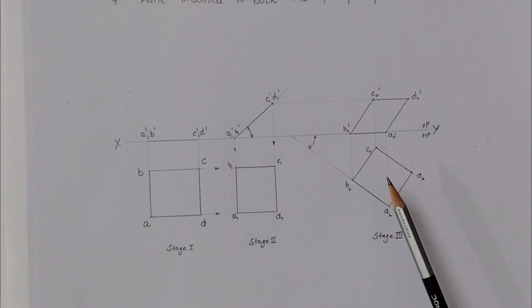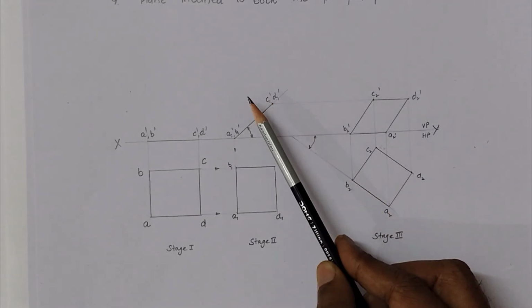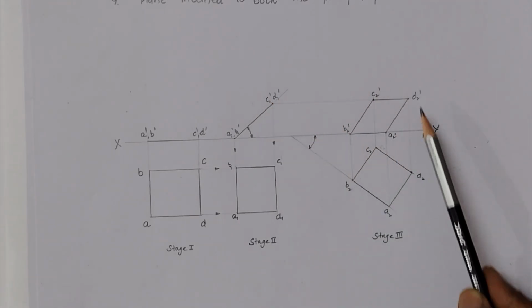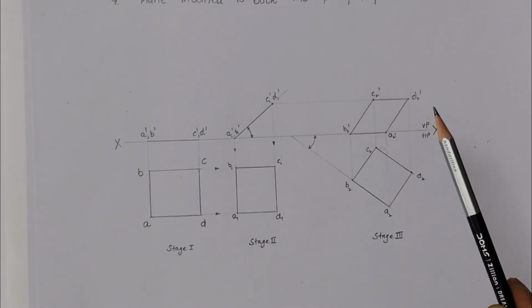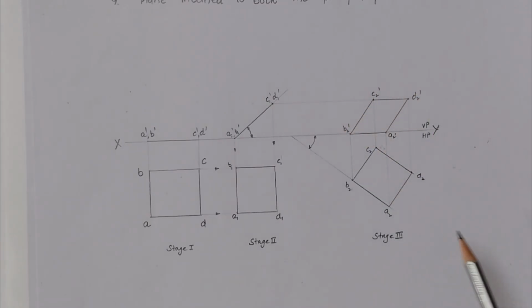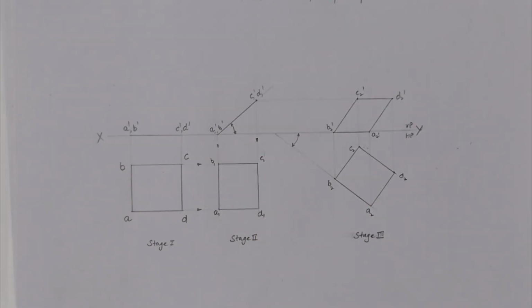From this top view and front view we draw the last stage of the object, which is the solution when the object is inclined to both HP as well as VP. This is all about the position or orientation of planes with respect to the principal planes.